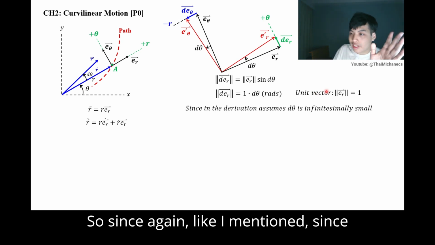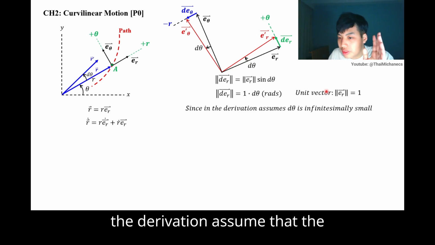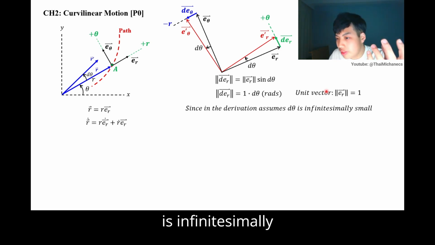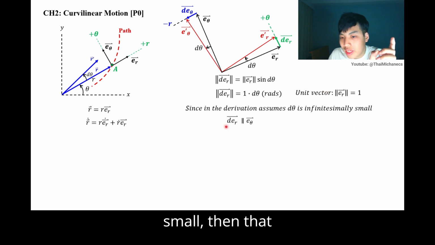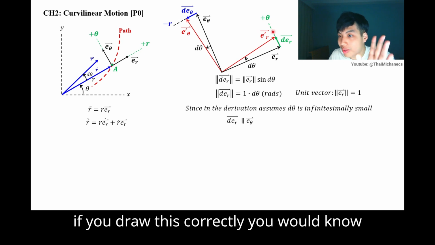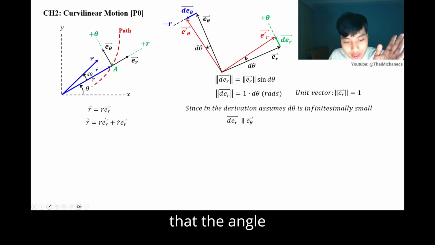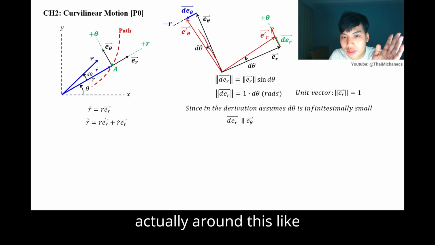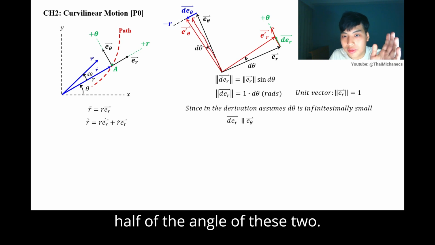Since the derivation assumes that the small angle d theta is infinitesimally small, this der here will be parallel to e theta. If you draw this correctly, you would know that the angle it makes is around half of the angle of these two.